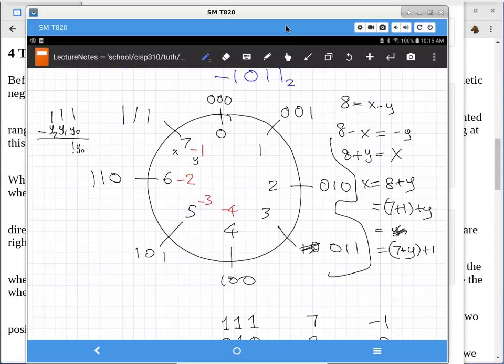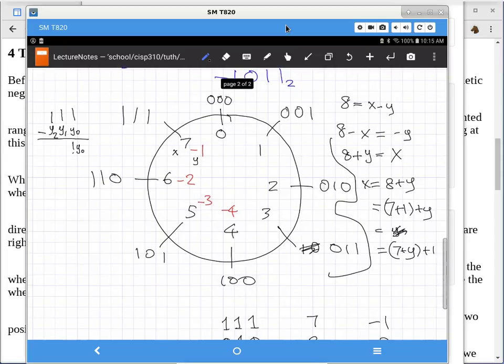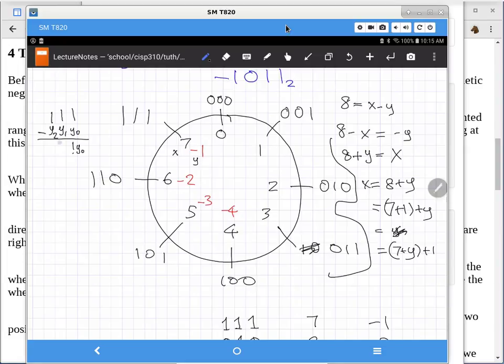So that means the next digit is going to be the same way. Not y1, not y2. Is that okay? We call this Bitwise Not. I'm not sure how many of you learned Bitwise Not or the tilde symbol in CISP 310, but this is what we call Bitwise Not.